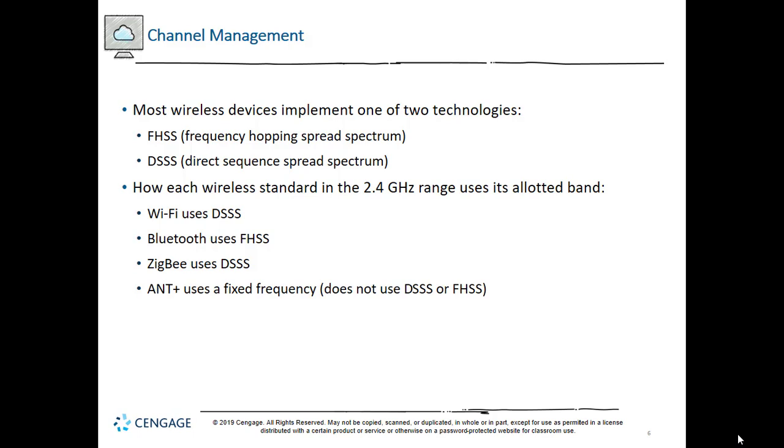This frequency hopping can happen hundreds of times in a second. FHSS is cheaper to implement than direct sequence spread spectrum, which we'll talk about next, and it performs better than DSSS in, say, a crowded indoor environment.